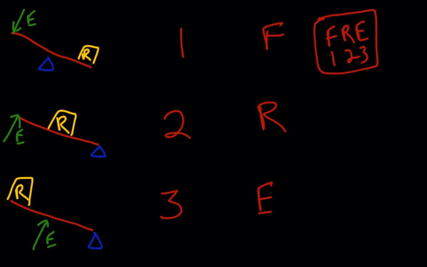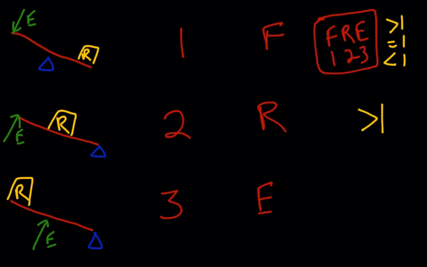And then what about mechanical advantages? For the first-class lever, mechanical advantage can be anything. It can be greater than 1, equal to 1, or less than 1. Second-class lever, it's always going to be greater than 1.